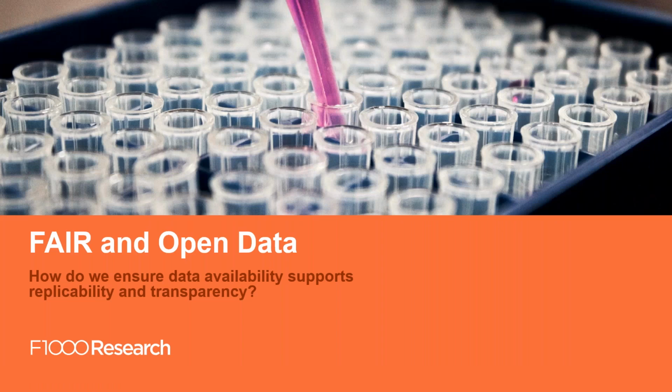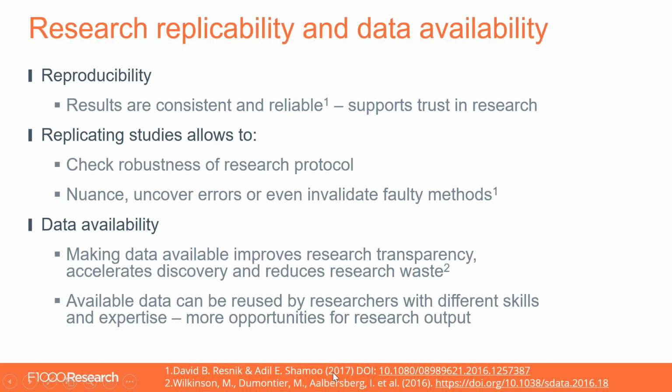So the next thing we check for at pre-publication is that the data is available and open, which is very core to our model. And why have an open data policy? Making data available allows us to test that the data is reproducible, which shows that the results are consistent, reliable, and did not happen by chance.